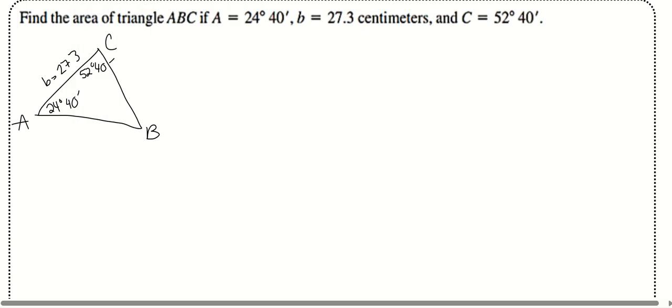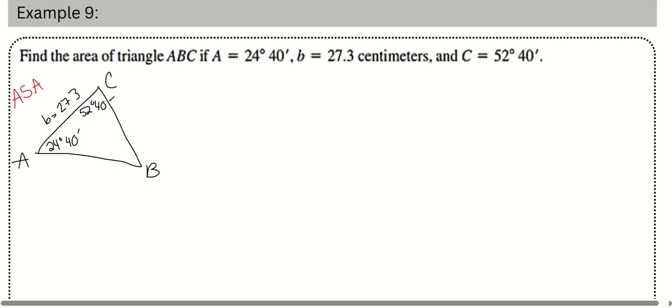Notice that this is an angle side angle triangle right now, and we don't technically have a formula for an angle side angle, so we either have to have all of the sides to use Heron's formula, or we need to have the side of one of the missing angles.